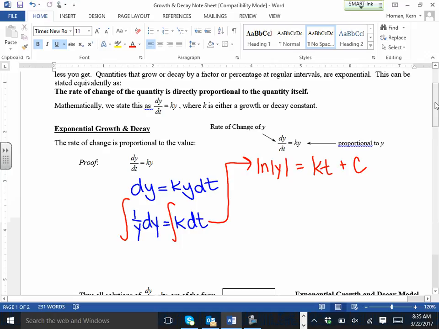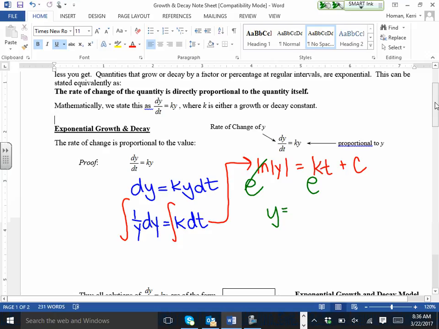Okay, now we have to solve for y, and what did we do in this case to solve for y? E to the power of that. E to the power of the left side, e to the power of the right side. Okay? E to the natural log will cancel out. We know e to a power is always going to be positive, so we can drop that absolute value sign.